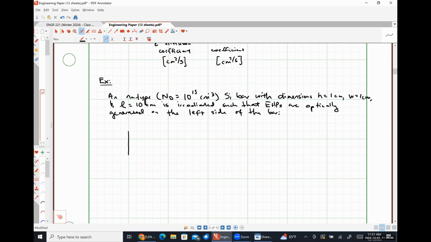We have a bar. This is 0. This is L. This is our X direction.